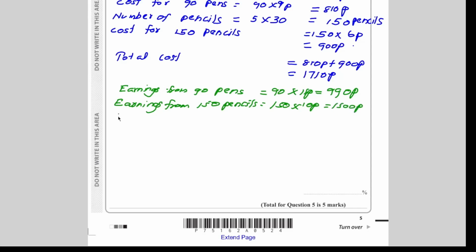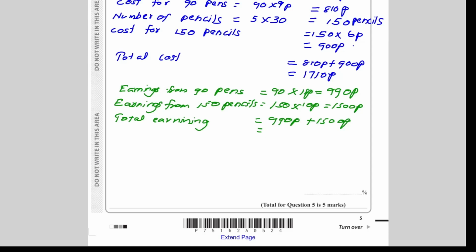Then total earnings from pens and pencils is 990 pence plus 1500 pence.